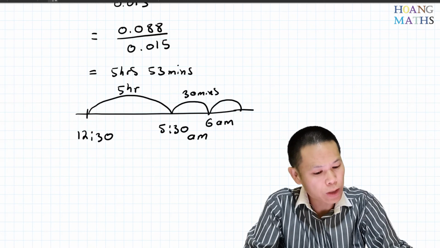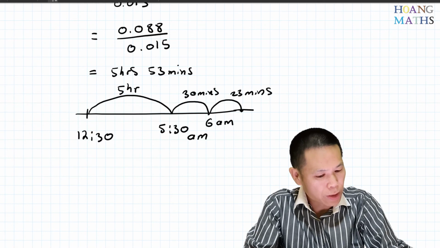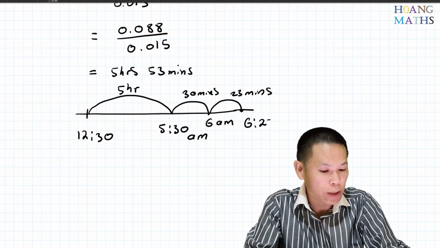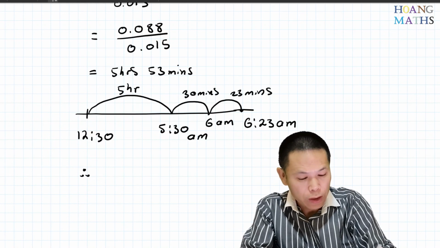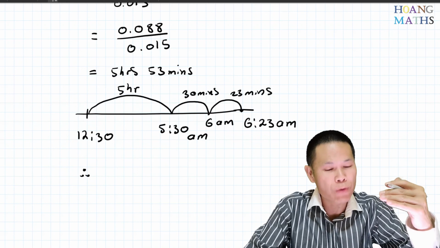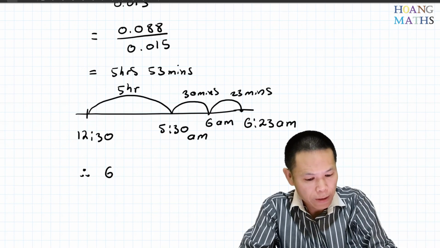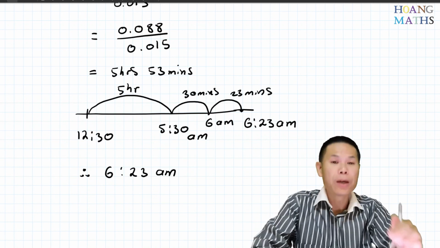You add another 23 minutes, so that is 6:23 AM. So therefore, the time when her blood alcohol content reaches 0 is 6:23 AM. There you go.